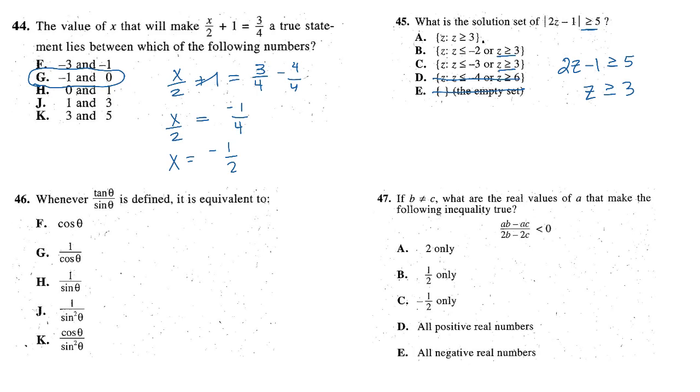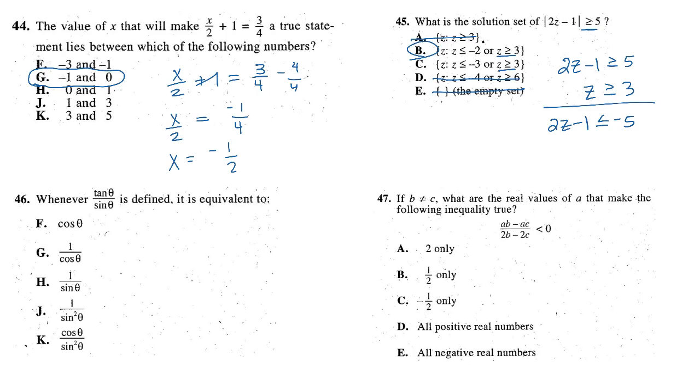And we also have another side, so I don't think it's going to still be that. Now the other case that we have to investigate is going to be 2z minus 1 is going to be less than or equal to negative 5. And so solving that, we are going to see that we end up with answer choice B.